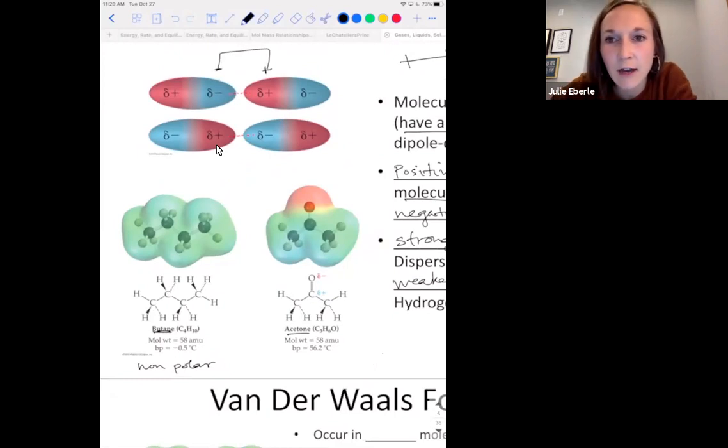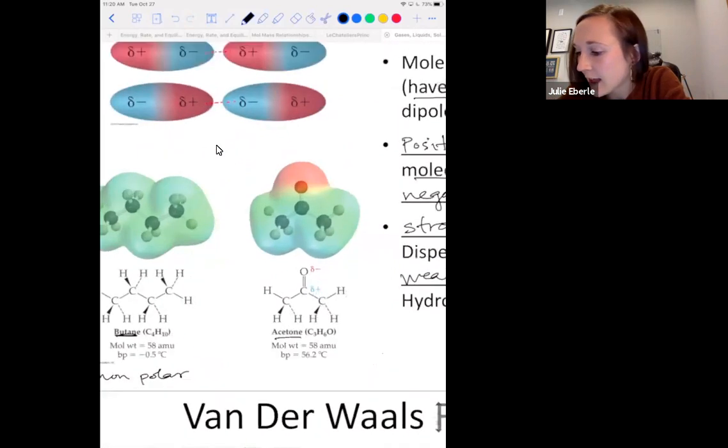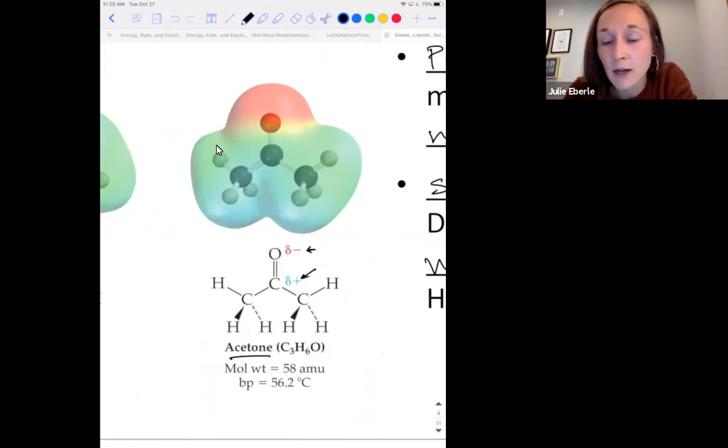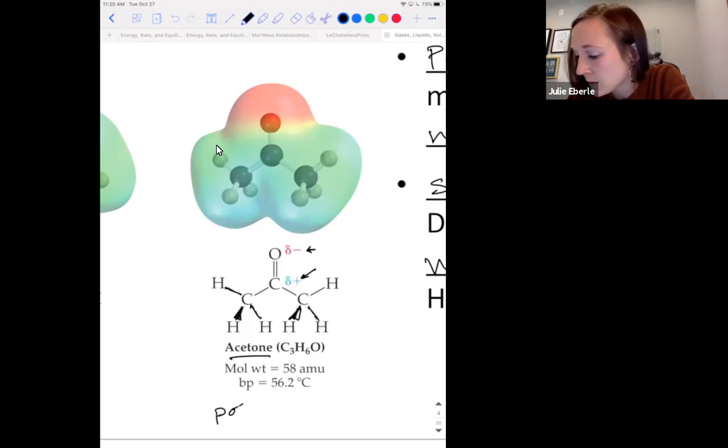It dries your skin out. This is a polar molecule, and we can see that because you have the partial negative right here, and the partial positive right here. So you have a polar bond between carbon and oxygen. All of these other bonds, the hydrogen-carbon bonds that I'm drawing lines over, are nonpolar bonds, but you do have that one polar bond between carbon and oxygen. So this makes it a polar molecule overall.